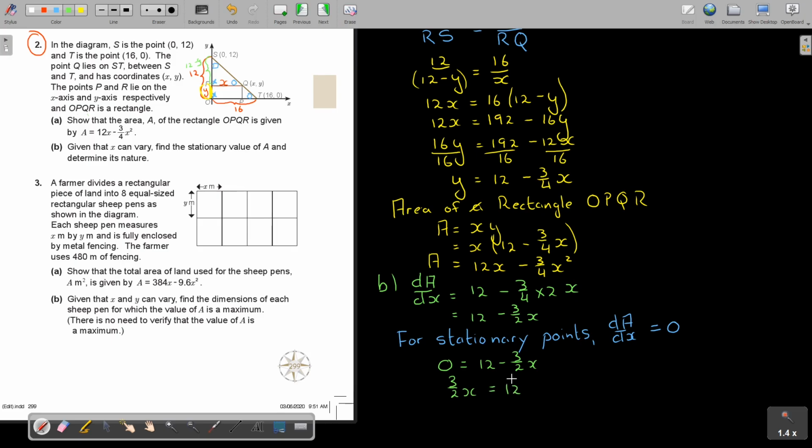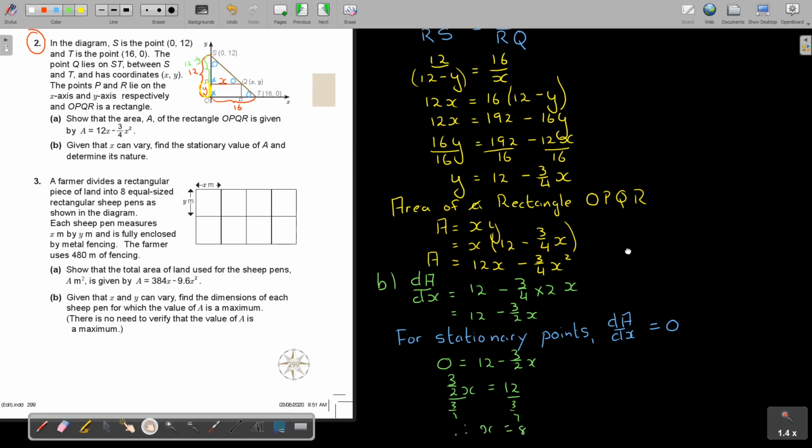And then I'm just going to divide 3 over 2, divide 3 over 2. Okay. And then I'm going to get, let's just see what I get here. It's equal 12 divided by 3 over 2. Okay. So let's see if I'm correct. It's 8. So therefore, x is 8.